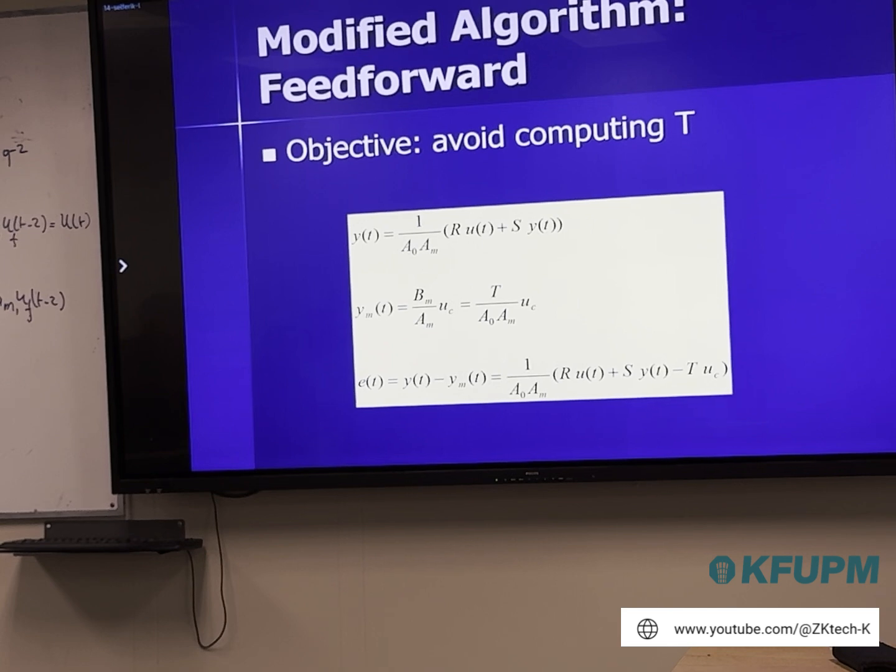Alright? What I will do with you next time is, I would like to ignore everything about identification. I would like to do adaptive, but without identification. Right? So I don't want to do identification at all.